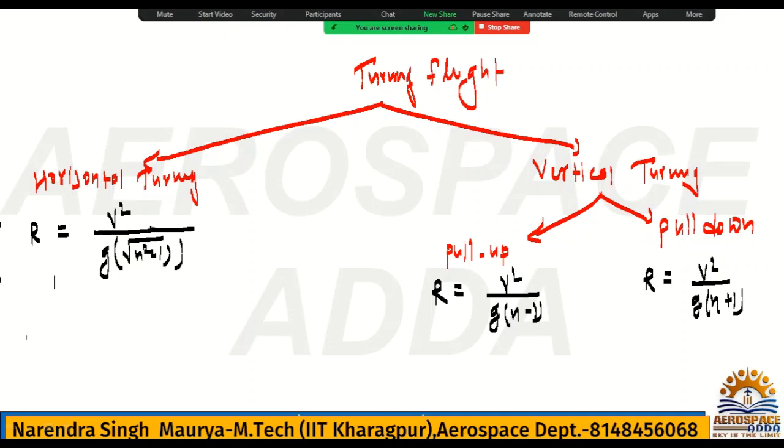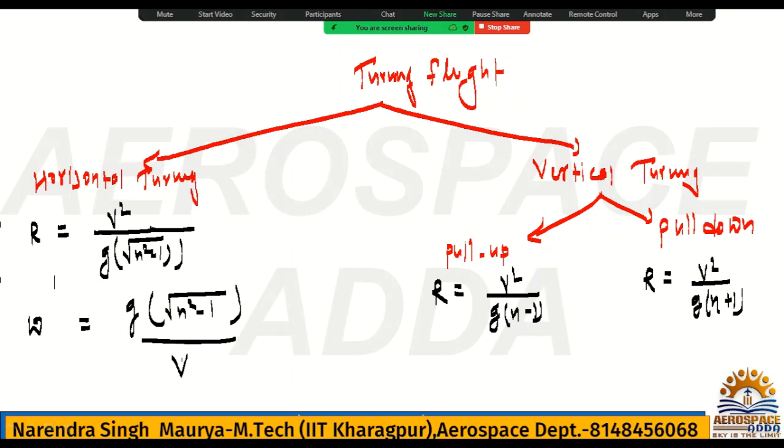Okay, what is the rate of turn for the horizontal? Rate of turn is nothing but g square root of n square minus 1 divided by v.